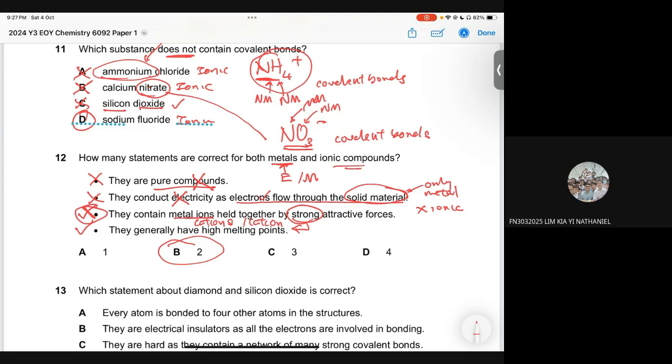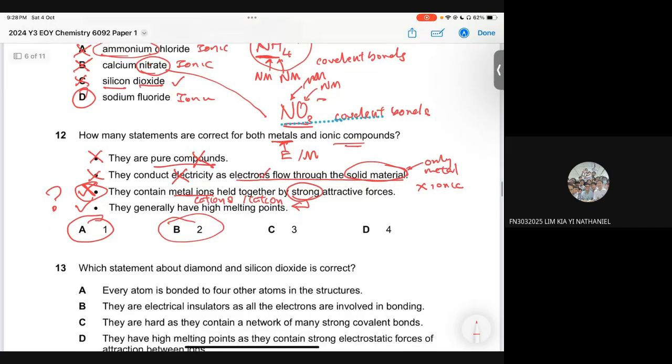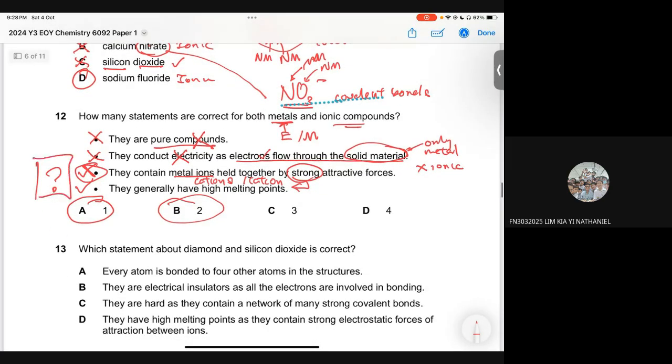Because from my understanding, 2 should be correct because they do contain metal ions which are cations. They are held together by strong attractive forces. But in my answer scheme, question 12, the answer is A, which is 1 only. So this one, let me go and clarify. I'll let you all know by Monday, okay? So this one, my bad. I put a question mark for you. But I hope you understand the rationale of my explanation.